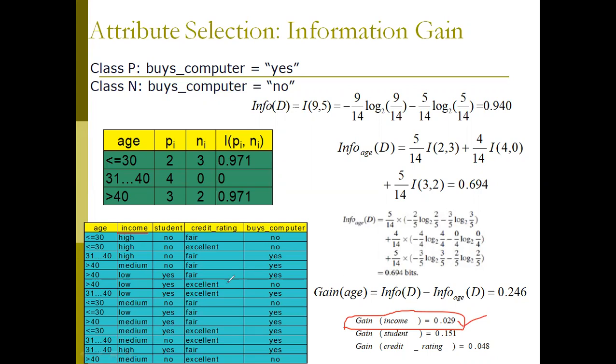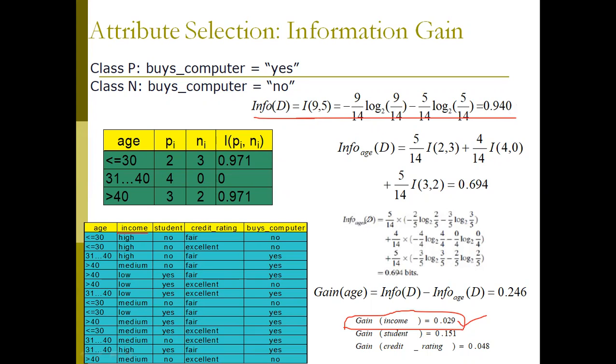As you know, we have some formulas for calculating the information gain. What are those? The first one is the entropy value for this table, the total table entropy value, or you may say the information gain for the data set. That value is 0.940.